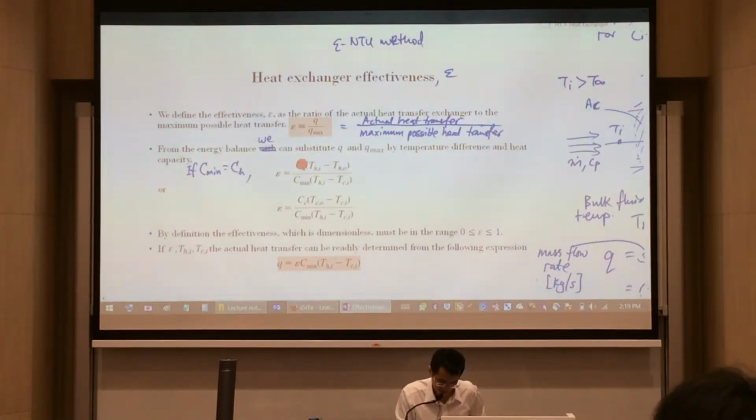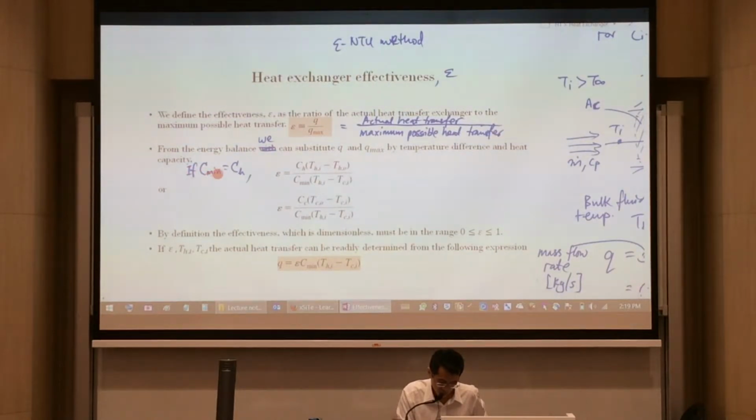Because I could see that this is CH, the heat capacity of the hot fluid, and the temperature difference between the hot fluid inlet and the outlet. So that numerator refers to the actual heat transfer for the hot fluid. Take that ratio, and you get the effectiveness.